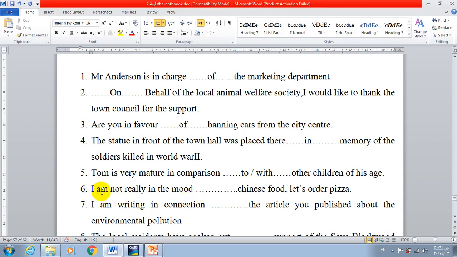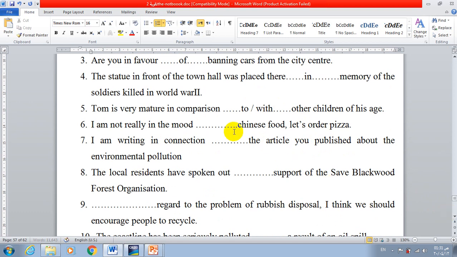And number 6, I am not really in the mood spaces Chinese food, let's order pizza. What is the right preposition here with this word? In the mood, what? Good. The right preposition here is for. We must say, I am not really in the mood for Chinese food, let's order pizza.